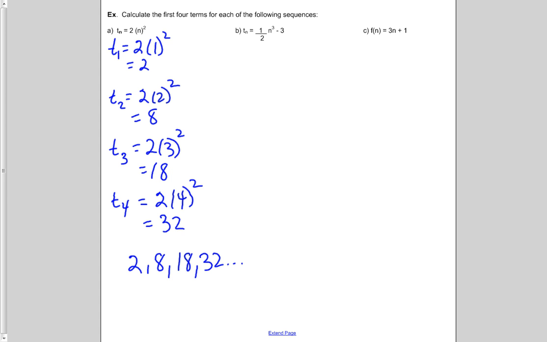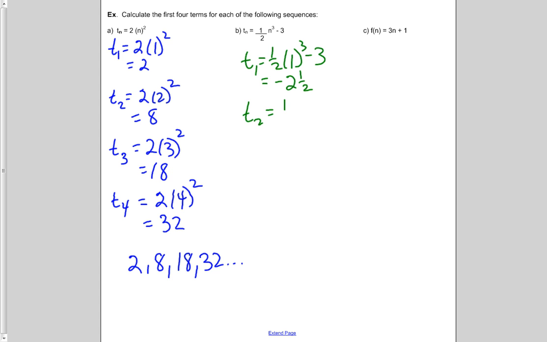Second one, B, says the general term is a half n cubed minus 3. Term 1 is a half 1 cubed minus 3. A half subtract 3 is negative 2.5.